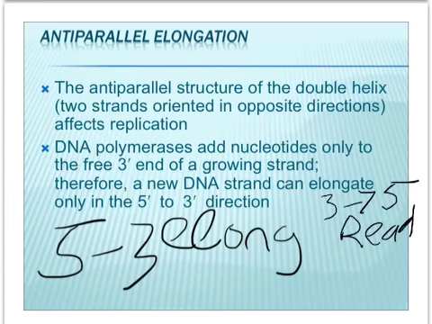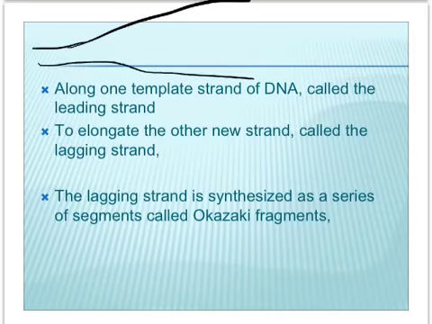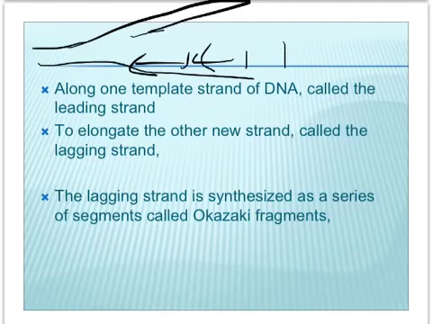And like I said, the way to think about this is that the replication fork opens up, and the DNA polymerase, from the point where it opens up, is going to be adding the bases on one side, and on the other side it works to fill in the gaps. The side that has the gaps is going to be our lagging strand.